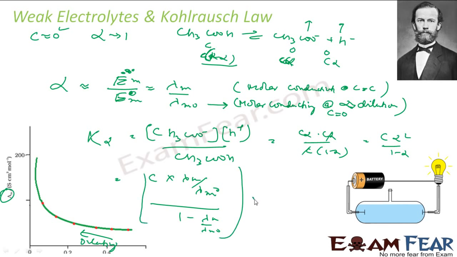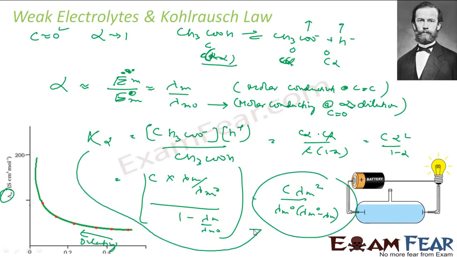If you solve it, you get C into lambda m square by lambda m naught into lambda m naught minus lambda m. This is the value of the equilibrium constant. You can find it using lambda m naught and lambda m, that is, the molar conductivity at infinite dilution and the molar conductivity at that point where you want to find the value of K.